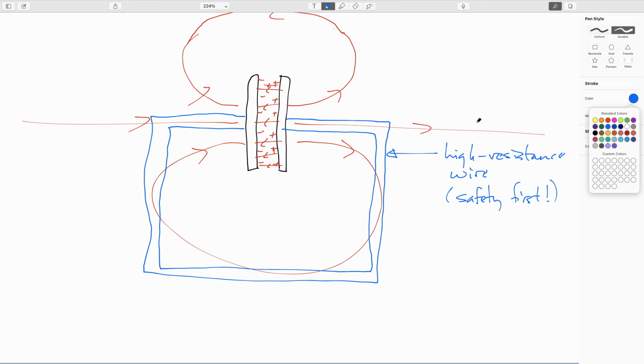So again, surface charges will move around because of the influence of the electric field. But because this is a high resistance wire, we've seen that we need to have an electric field within the wire to shove the charges against the resistance that's being provided from the collisions with the shielded nuclei.